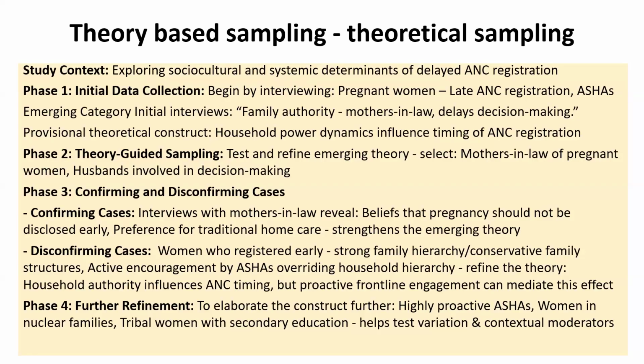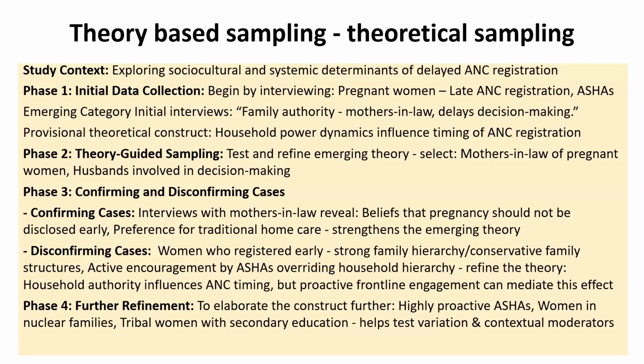So you are able to refine your theory. So now you say, okay, household authority does influence ANC registration, but if there is proactive frontline engagement, meaning proactive support from frontline healthcare workers, that effect can be toned down. So this is what has happened.